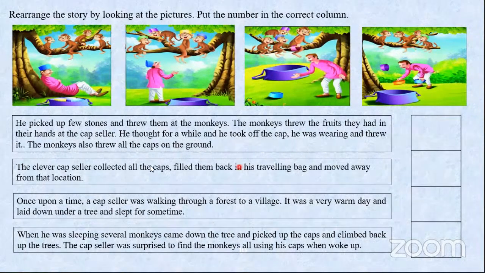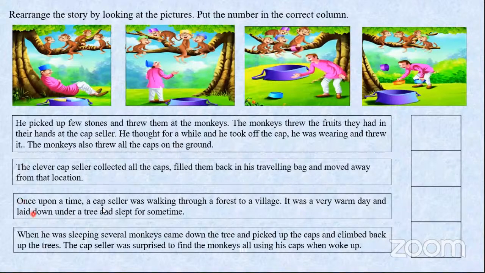Okay. First one, here we can see in the first picture, the hat seller is sleeping under a tree and monkeys are on the tree. So the first one, when we select the first description, first part, we can see the third one.